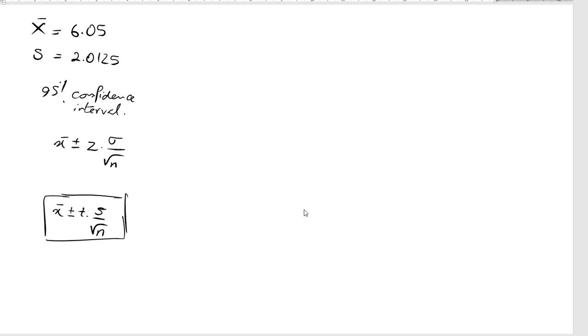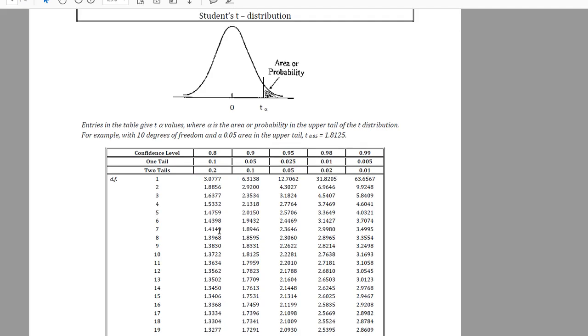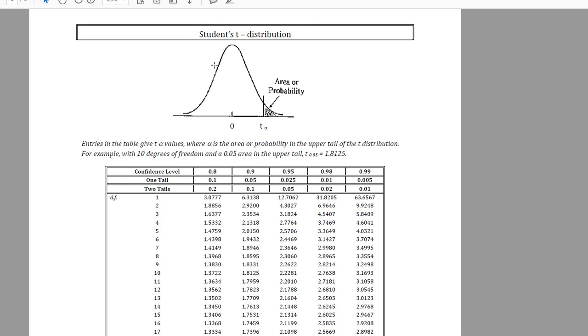So, how to solve this equation? I have x bar, I have s, I have n. I know n is 20, the sample size. What about t? To get t, I need to go to the t distribution table, which is here. I'm dealing with a confidence level, therefore I'm looking at the first row and I'm looking for the 95 confidence level, so that's the column I'm looking at.